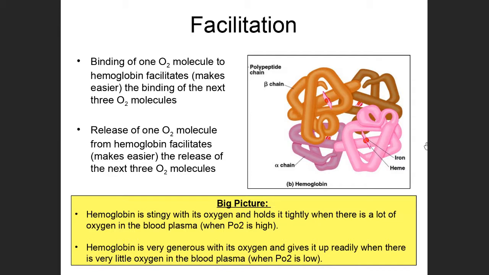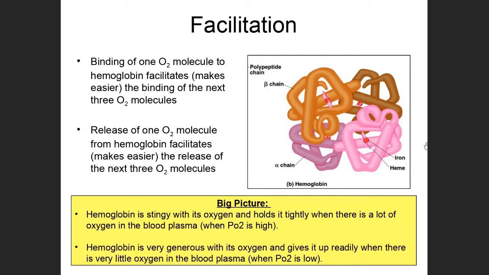The one thing that you should know about this, now that you know that a hemoglobin molecule can be bound to a single oxygen molecule, or 2, or 3, or 4, is that when you have a hemoglobin molecule that's not bound to any oxygen, binding of that first oxygen molecule to one of the binding sites is really difficult. Hemoglobin doesn't want to bind oxygen when it isn't already carrying any oxygen.